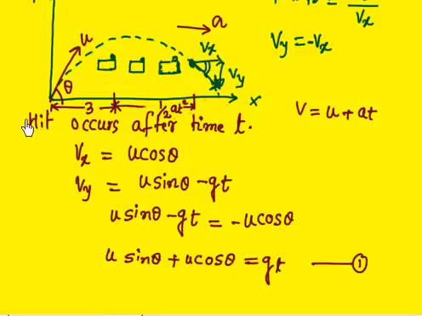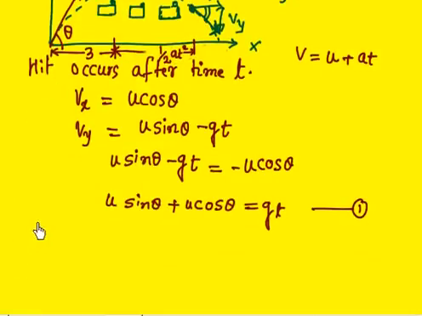So this means the total distance traveled by the projectile in this case I can also calculate. So that should be 3 plus half at square.